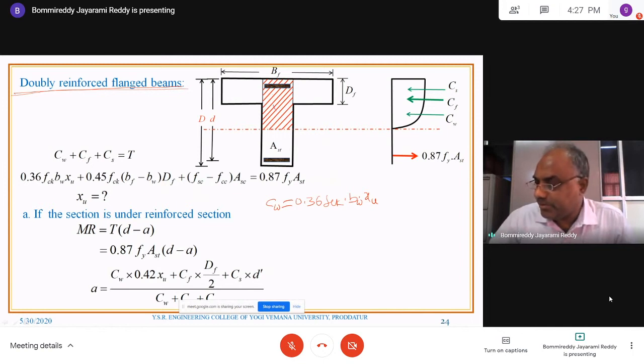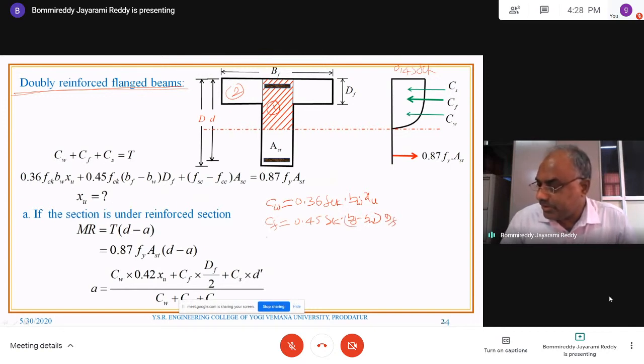Because you can look at compressive resistance of web as number 1. What is number 2? Remaining area of the flange. So compressive resistance of the flange is 0.45 FCK, because you know that the stress here will be 0.45 FCK multiplied by remaining distance, (BF minus BW) multiplied by DF.